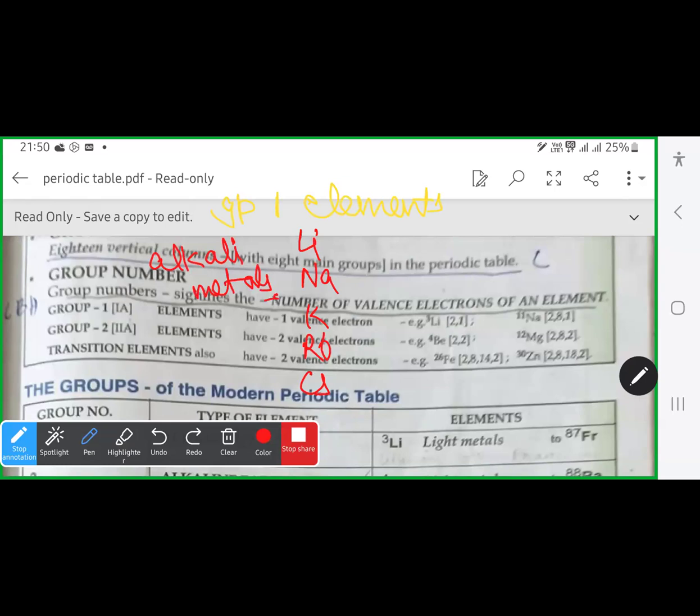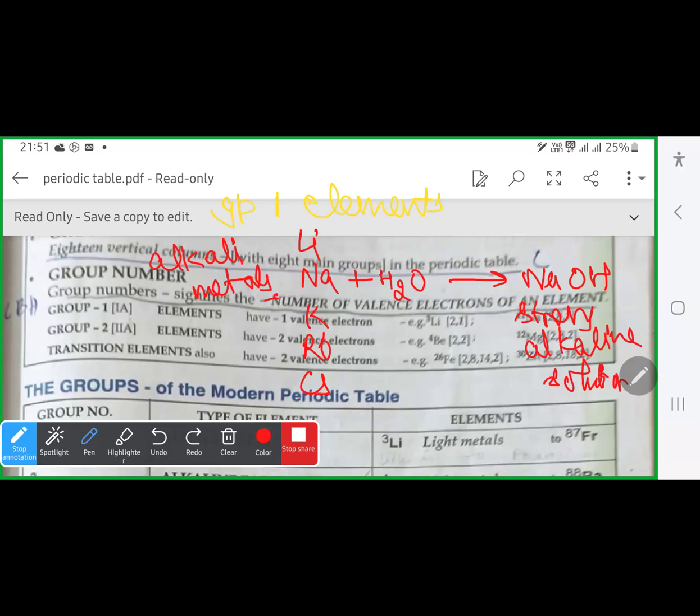No, no. When they dissolve in water, they form a strong alkaline solution, due to OH minus. So the alkali metals are called so because when they dissolve in water, they make the solution strongly alkaline. Yes, sir.